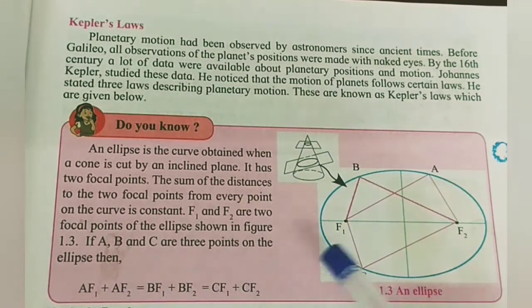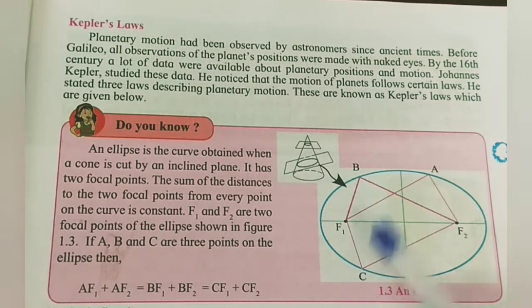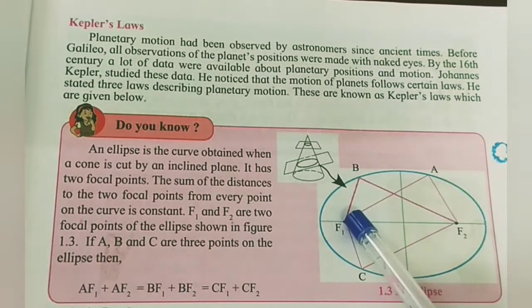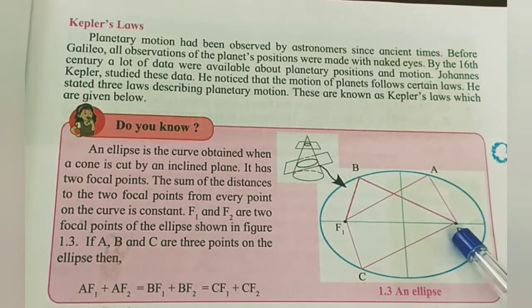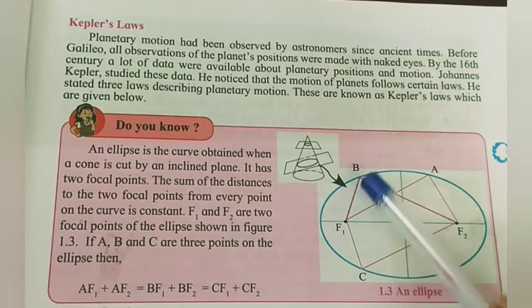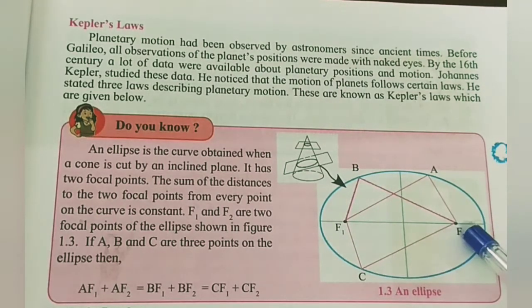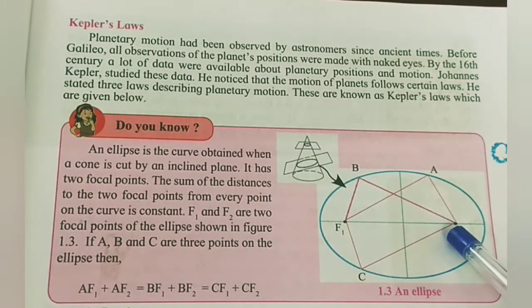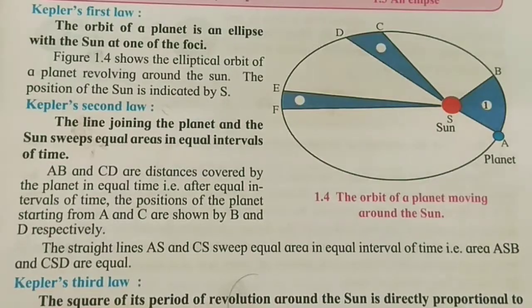Now if you take A, B, C, any random points, not here only, here or somewhere else also, then AF1 plus AF2 is equal to BF1 plus BF2 is equal to CF1 plus CF2. This is a property of ellipse.